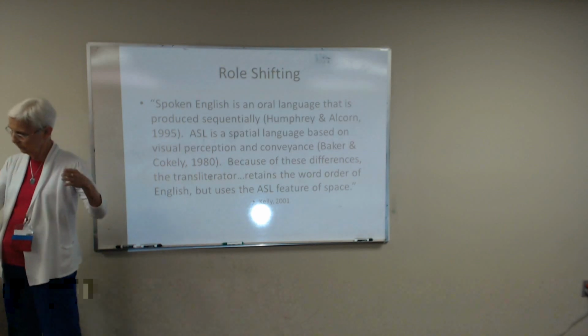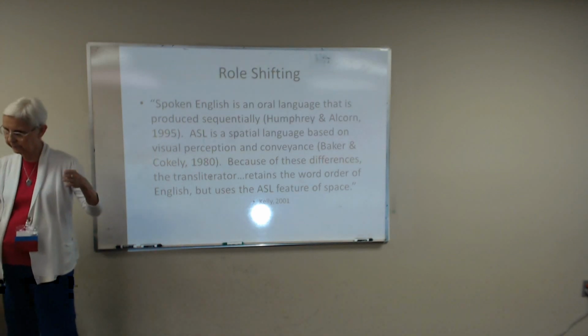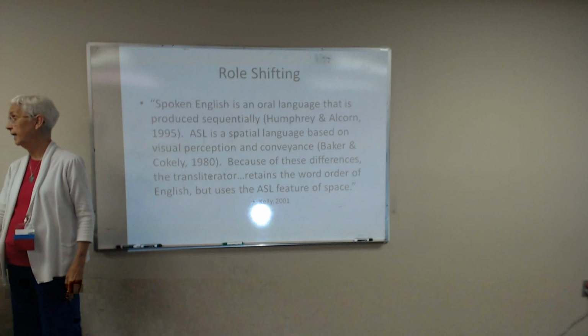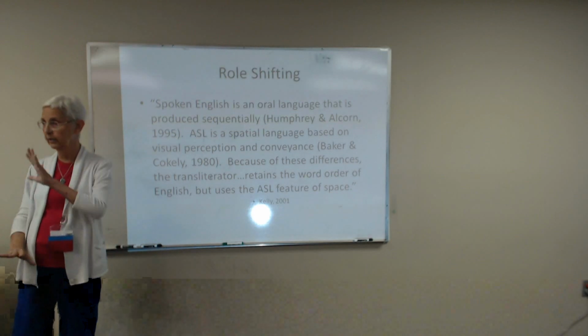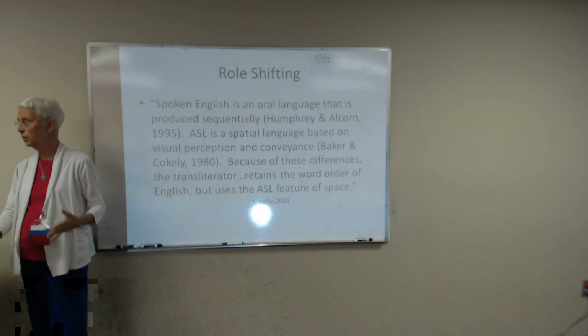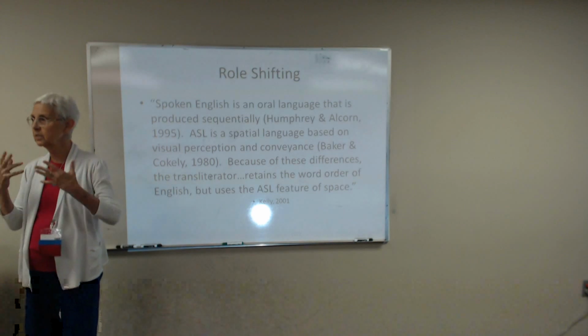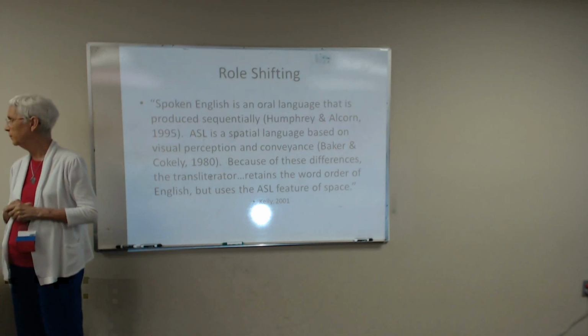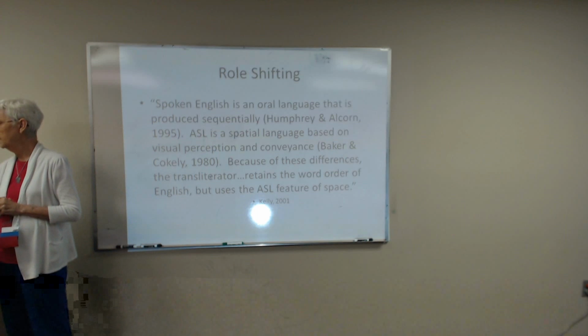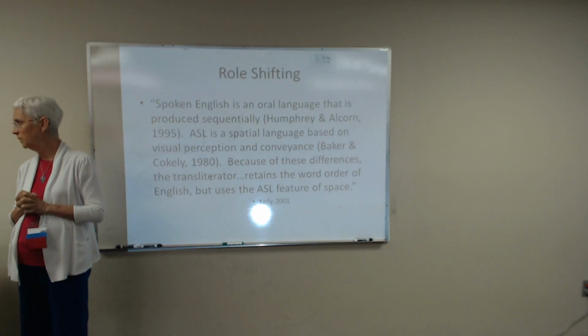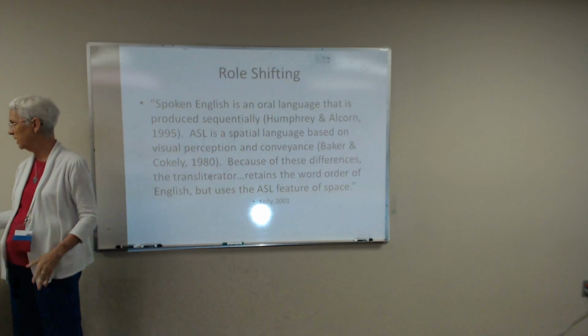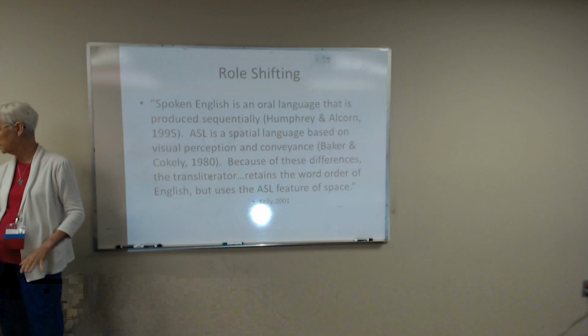So follow English order to make an English sentence. And ASL is a spatial language, conveyed and received visually. Because of these differences, the transliterator wants to retain the word order of English, but use the ASL feature of your space.